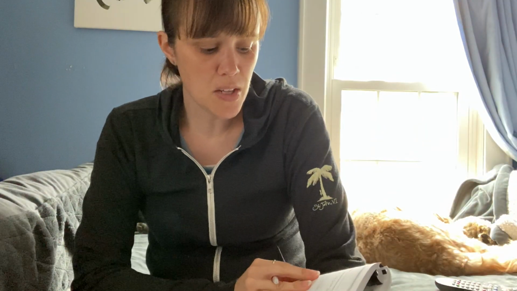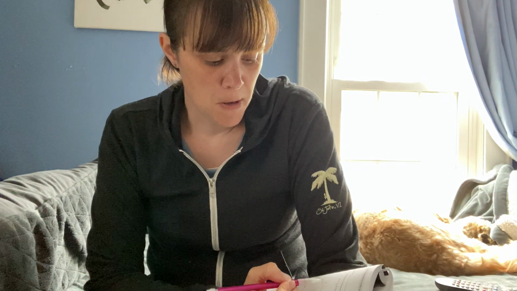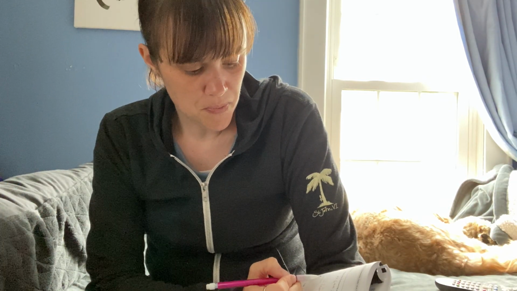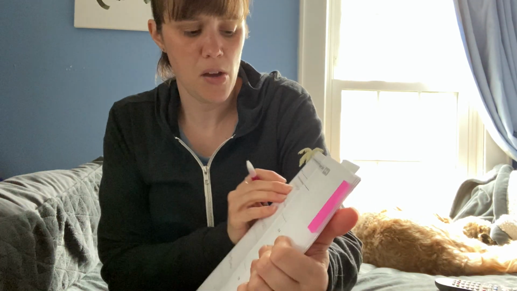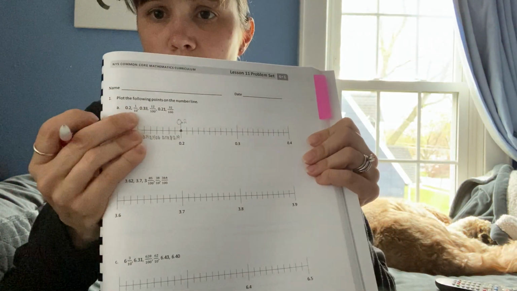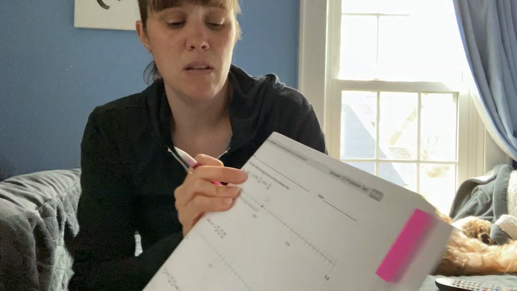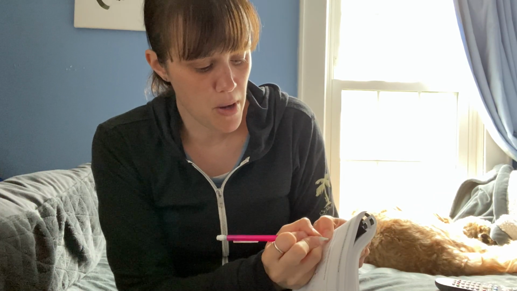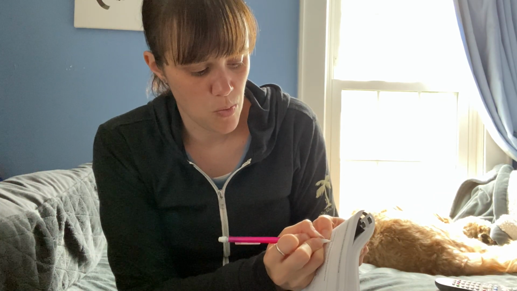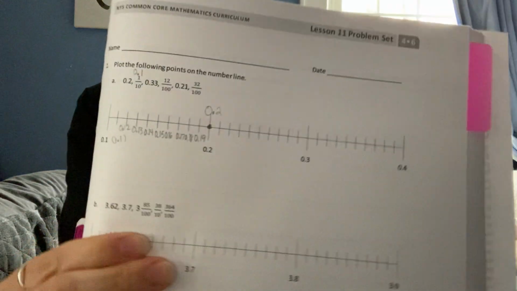Okay, the next one, if we read that fraction, it says 1/10. Now, there's not a whole lot of room, but you know me, I always write the number up there. That fraction needs to be changed to a decimal, so I'm going to write right above it 0.1 because that means 1/10.